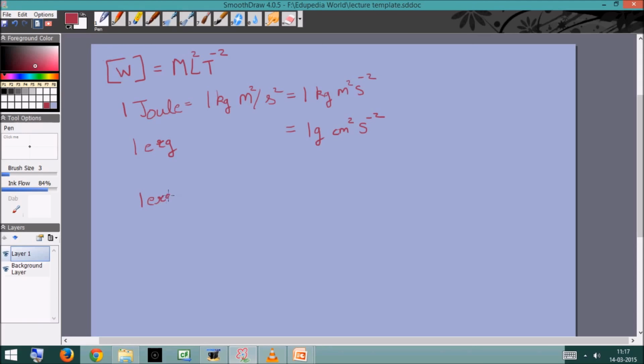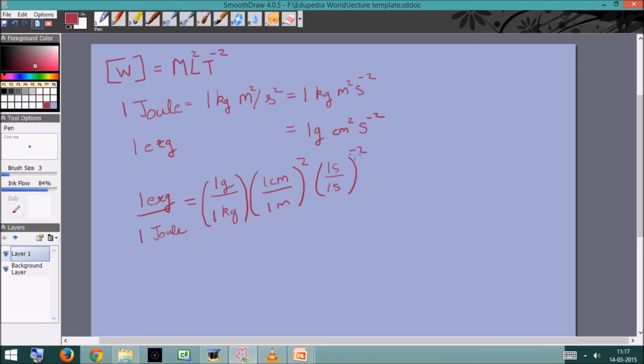This is straightforward mathematics. Divided by 1 joule, it is 1 gram by 1 kilogram multiplied by 1 centimeter by 1 meter whole squared multiplied by 1 second by 1 second whole to the power of minus 2.